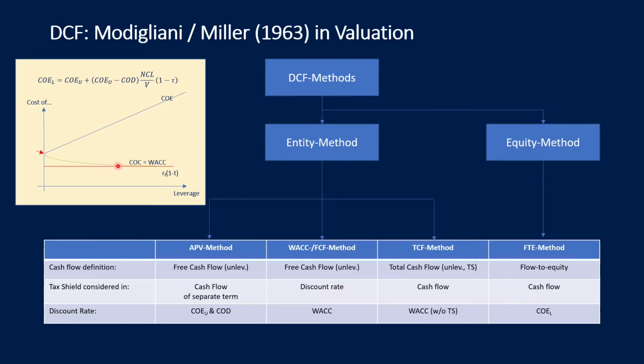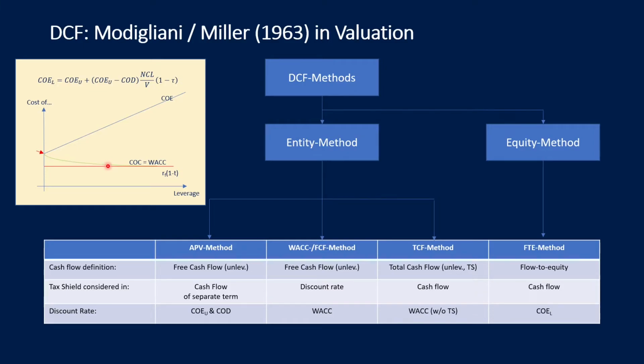And it is coming closer and closer to the cost of debt. And this is due to the fact that interest is tax deductible, and the more debt you use, the more interest you can deduct from your tax, and this leads to a decreasing cost of capital here.